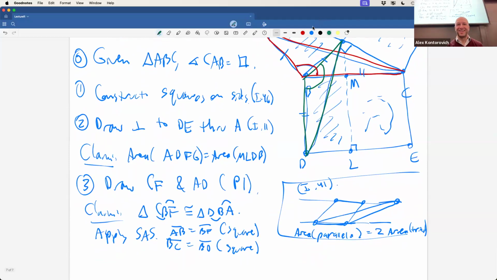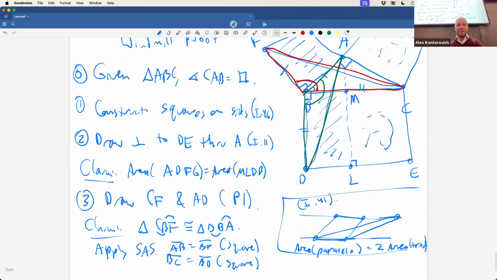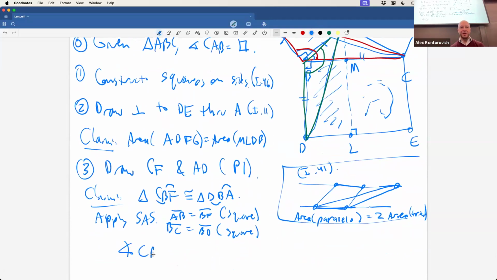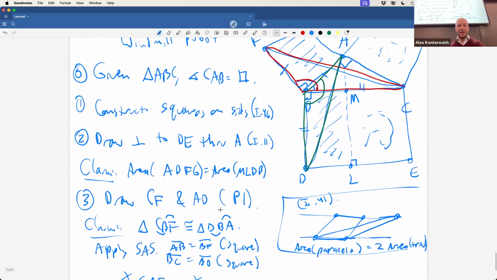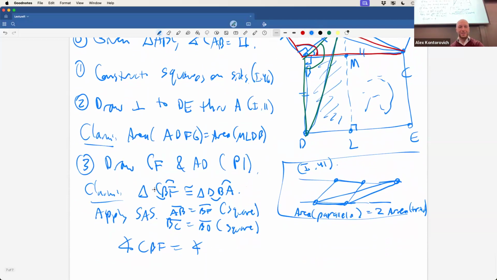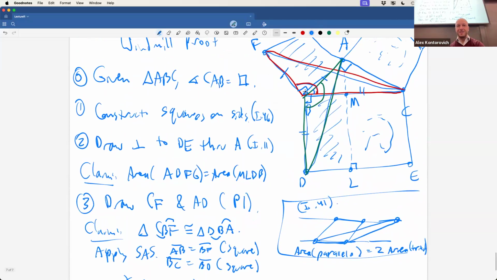Lori. Yes, exactly right. This is 90 plus this little angle, and this one is 90 plus the same angle. Let me go a little slower. So this is angle CBF. Angle CBF is the same as angle DBA, the same order as the triangle.